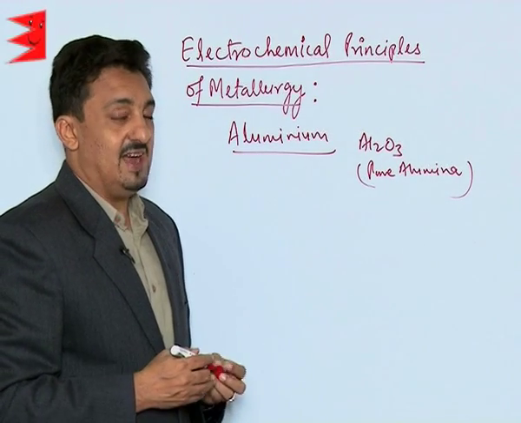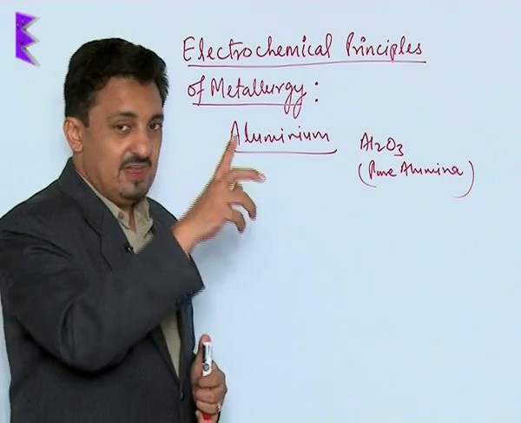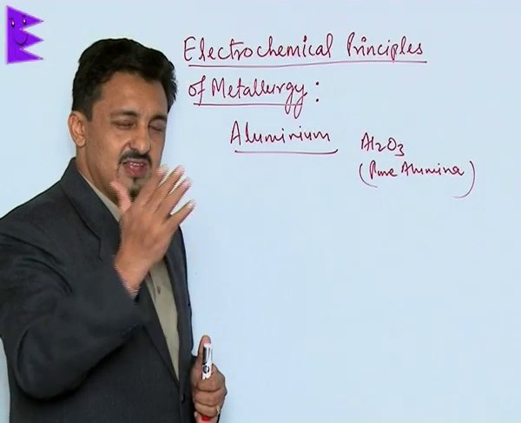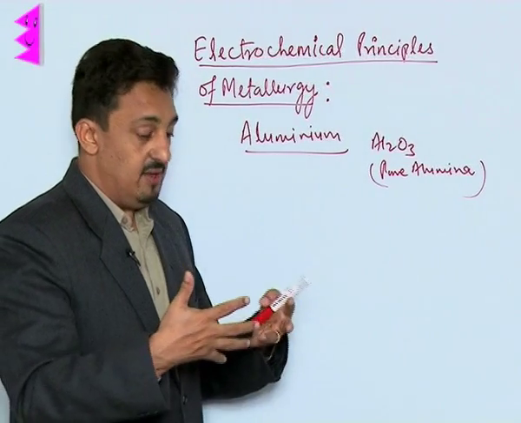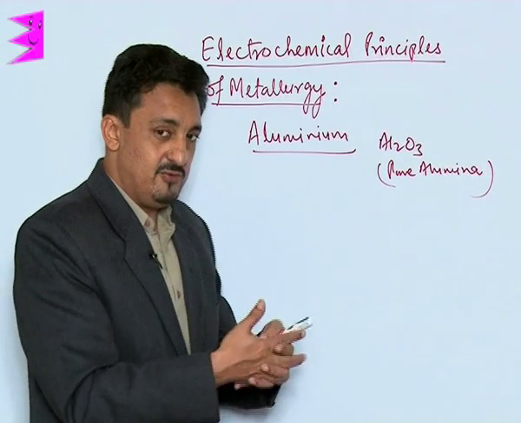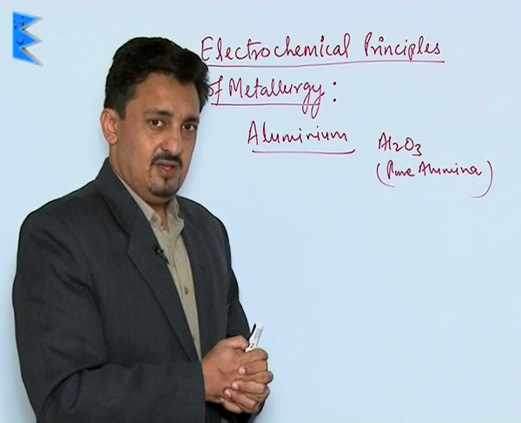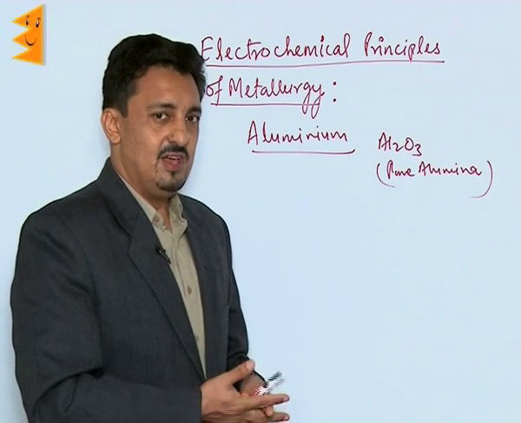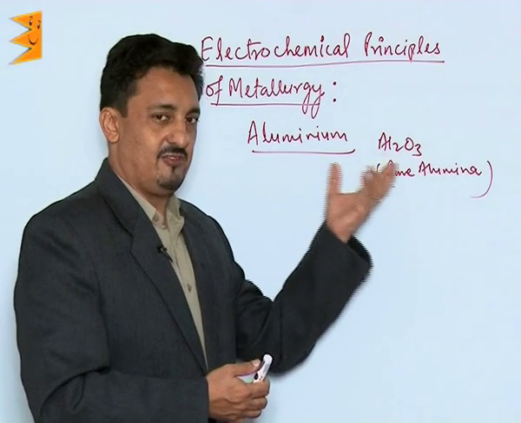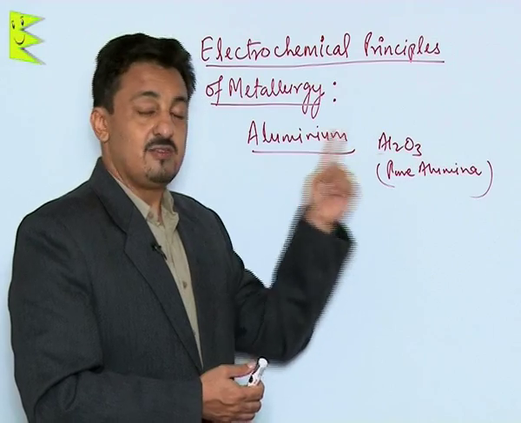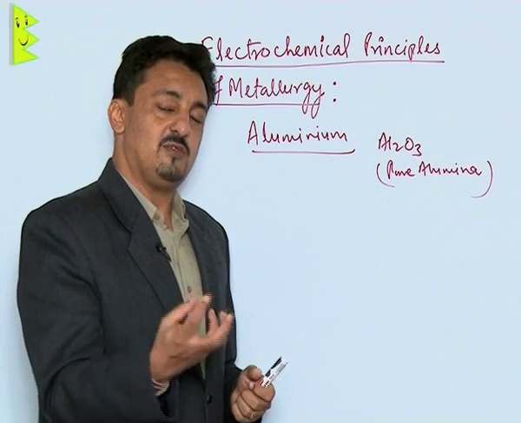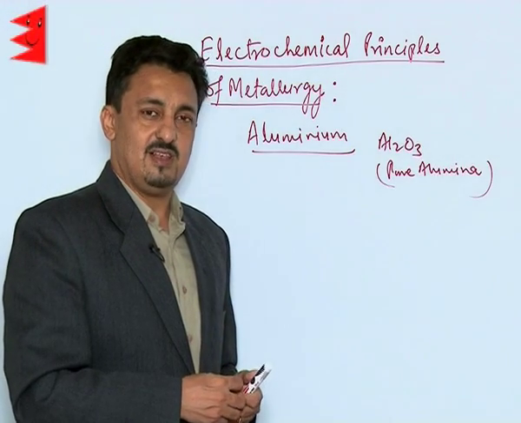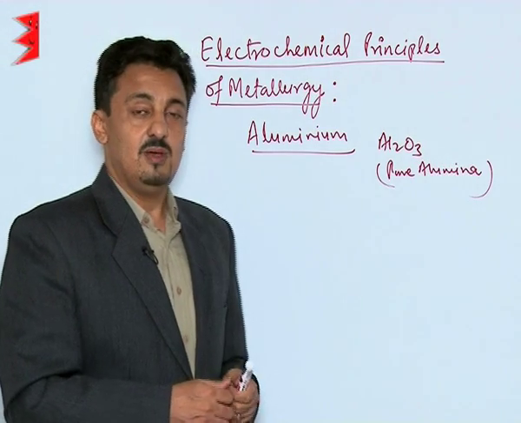Aluminium is a very reactive metal. Its E naught reduction is very much negative. We cannot use any other agent to reduce it as such, because the other substance which is formed should not be fusible with the metal. So we are left with no other option but electrolysis, which reduces Al3+ to aluminium using an external source of energy in the form of electrical energy, and the process is called electrometallurgy.